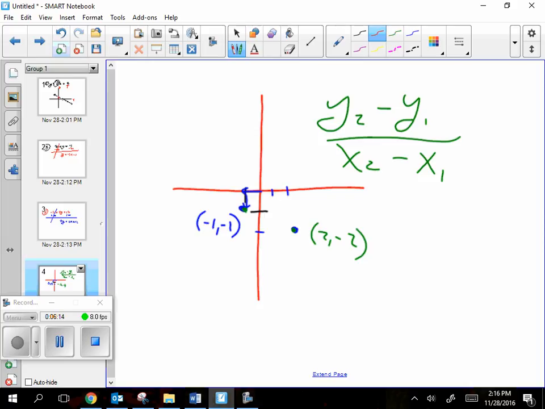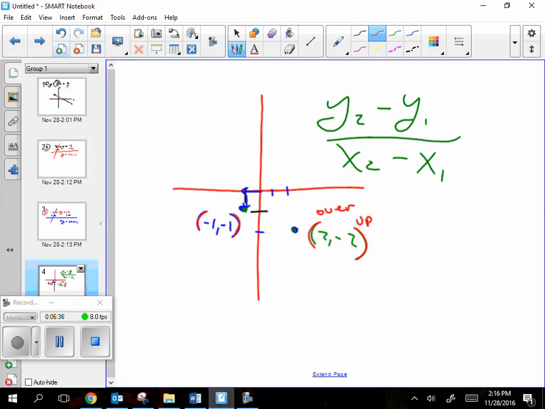So what I'd like you to do is write down what the points are, because frankly, you guys are terrible at naming these points. I think you need practice on that. Okay, so -1, -1 was the first one. The second one was 2, -2. The first number is always over, and the second number is how far up or down you go.